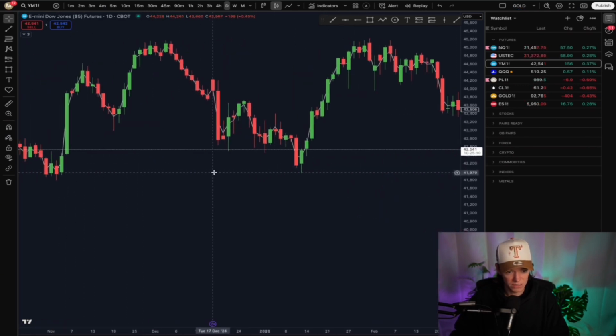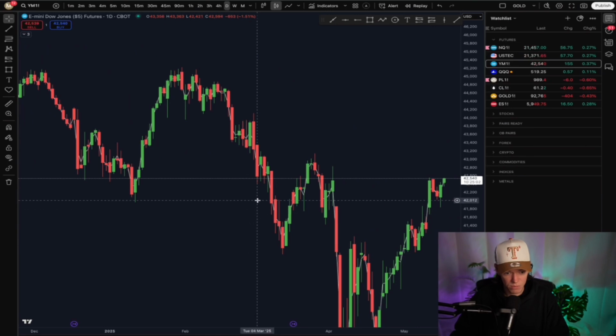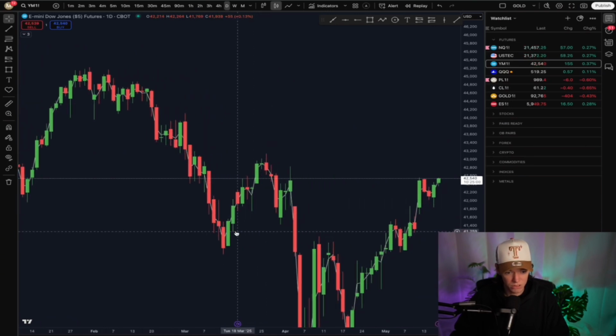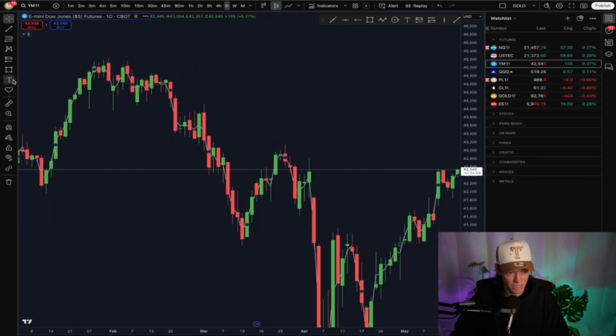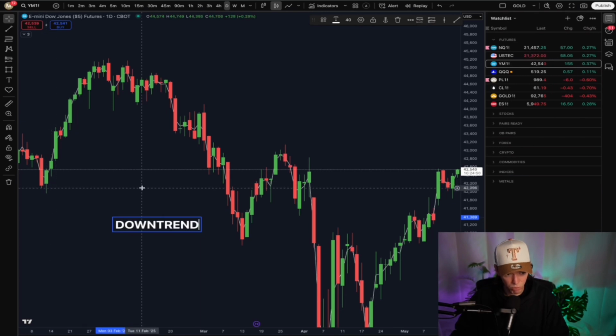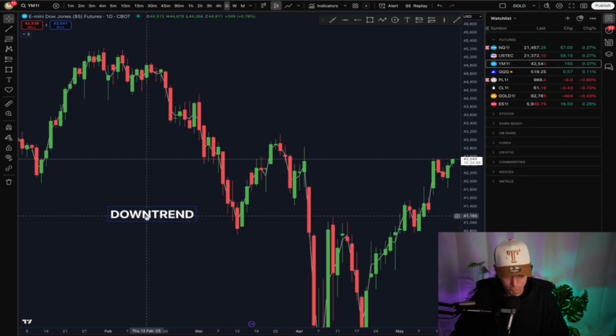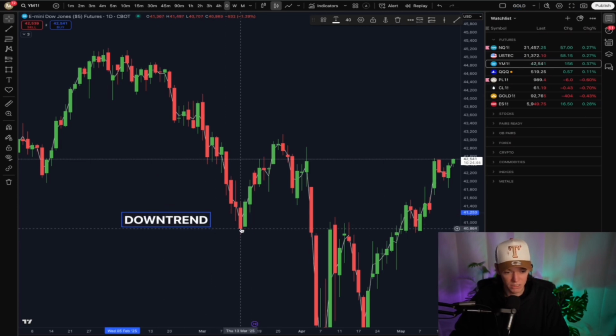This is obviously a key level because that's one of the lowest areas that price has gone. It pushed back up and now it's broken underneath. So this determines that we're currently in a downtrend. Price is below the last lowest area right there. We're in a downtrend.